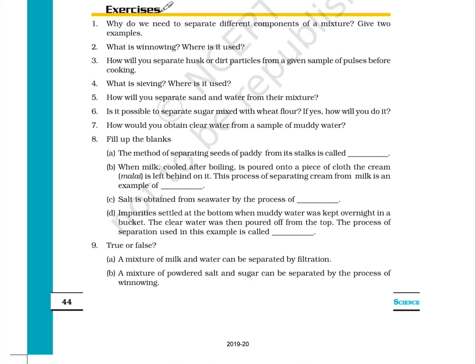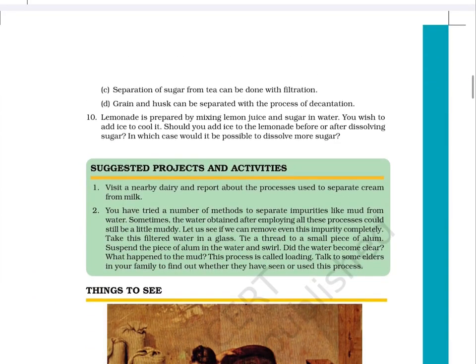9. True or false? A. A mixture of milk and water can be separated by filtration. B. A mixture of powdered salt and sugar can be separated by the process of winnowing. Page 45. C. Separation of sugar from tea can be done with filtration.